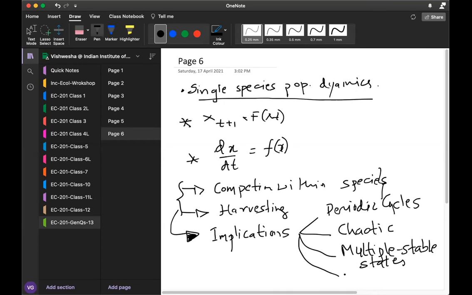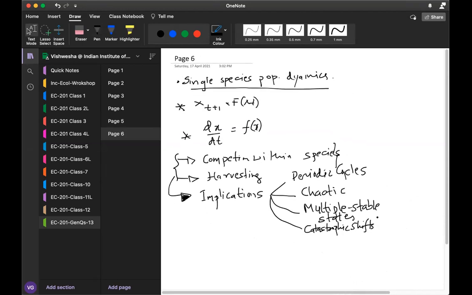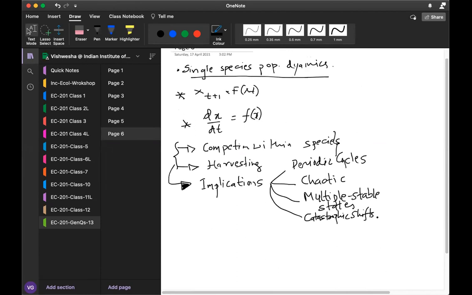And the consequence of multiple stable states, if you have read Scheffer, is that of catastrophic shifts in ecosystems, right? So these kinds of implications and possibilities are possible to think of only with the aid of mathematical models.